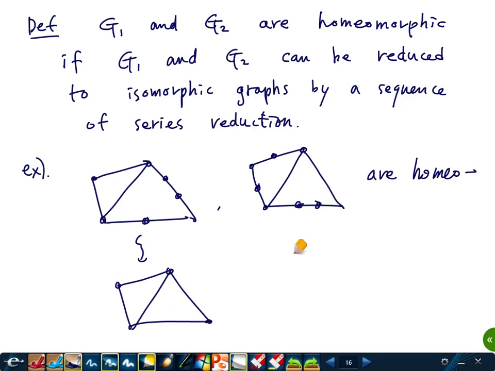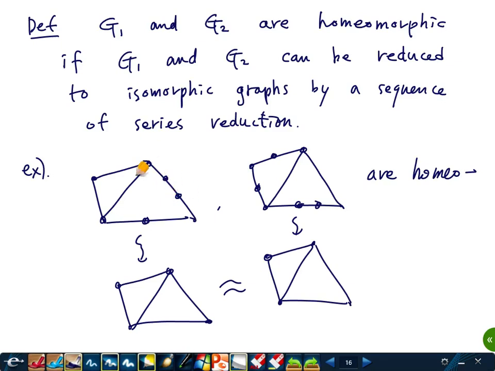And same here, you can remove these dots and then you get this. And you can see these are isomorphic. Then they are homeomorphic. So in other words, intuitively, just ignore the dots and consider the edges.